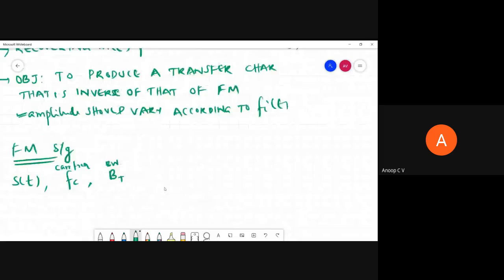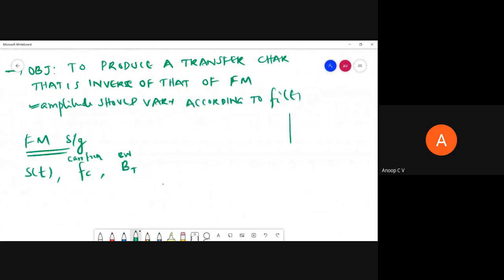If you see the frequency domain, if this is FC and minus FC, the signal will have components. This is an arbitrary shape; in fact it should be discrete, but I'm just showing this.